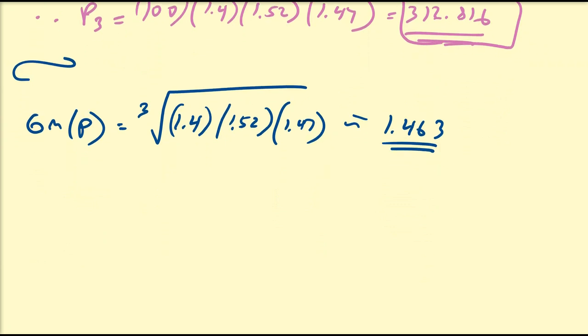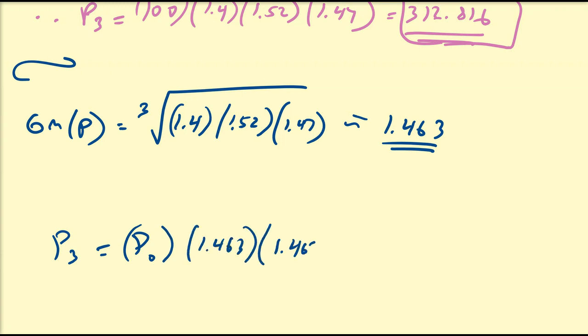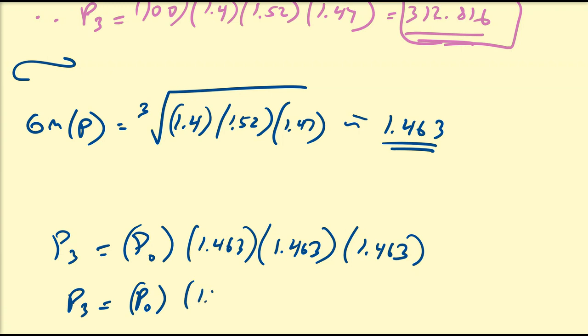So what you can do is take the original population and multiply it by this number, 1.463 times 1.463 times 1.463, or in more compact notation, 1.463 cubed.